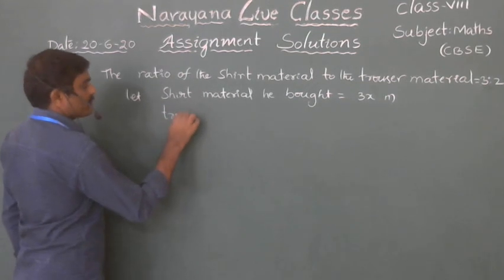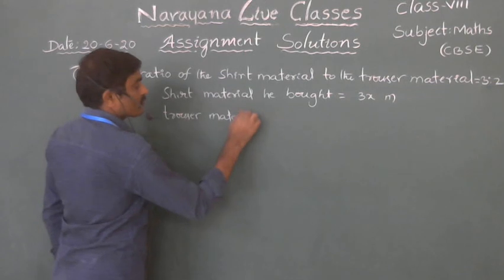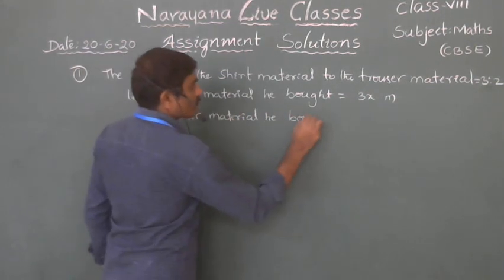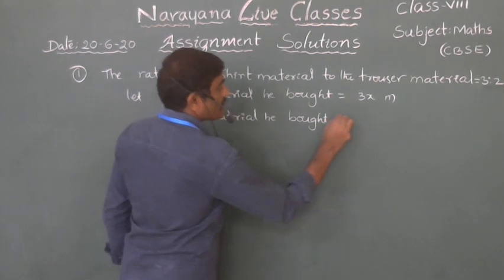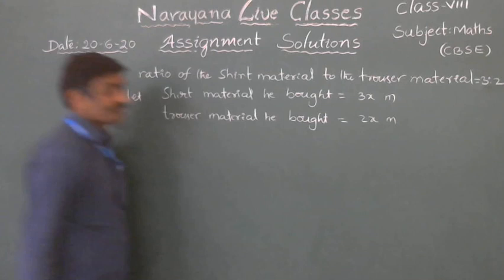Trouser material he bought is equal to 2x meters.